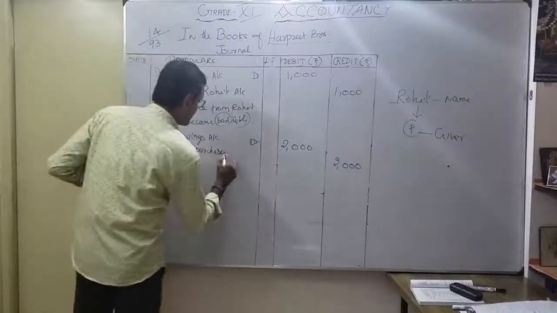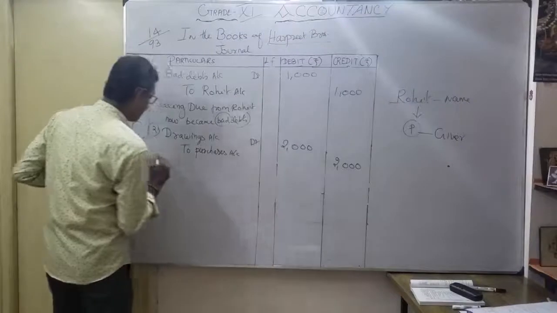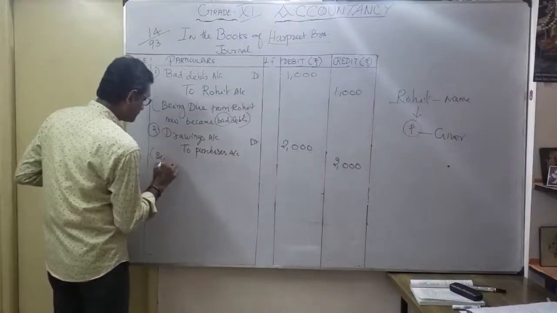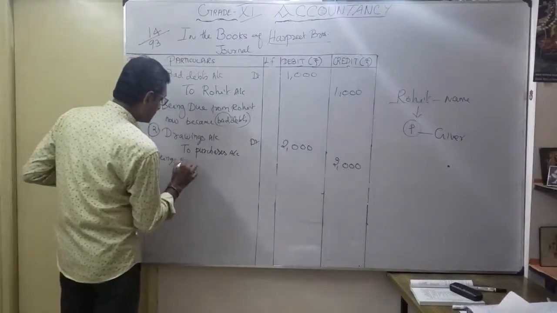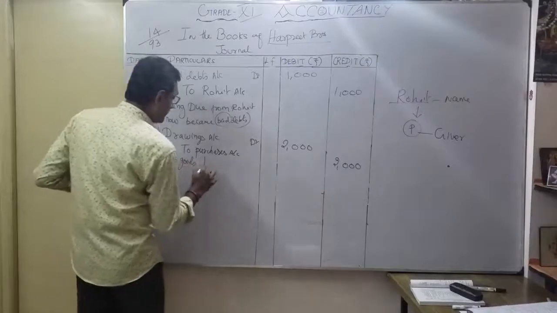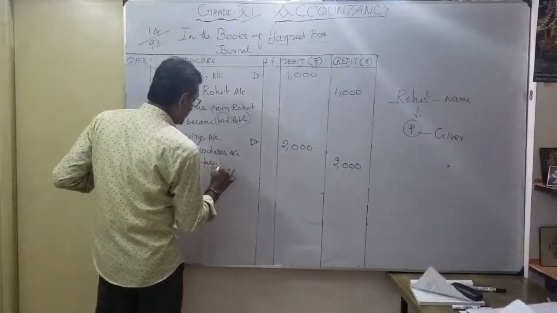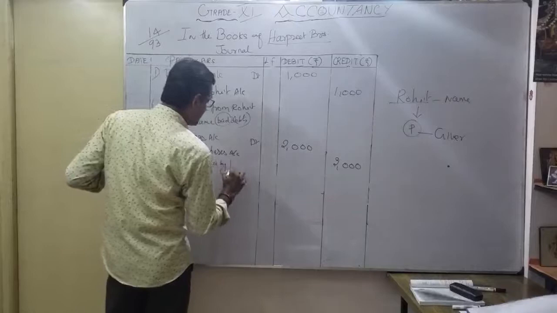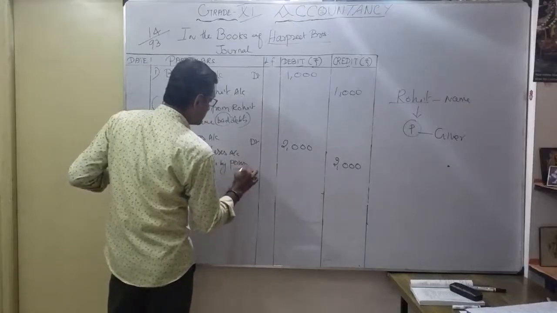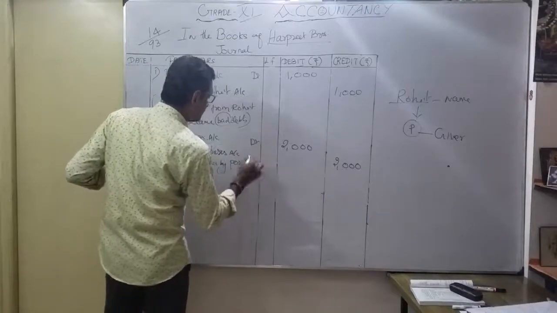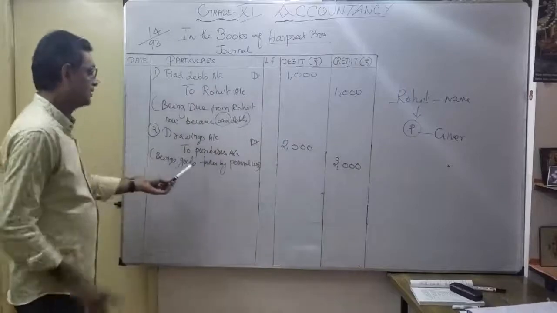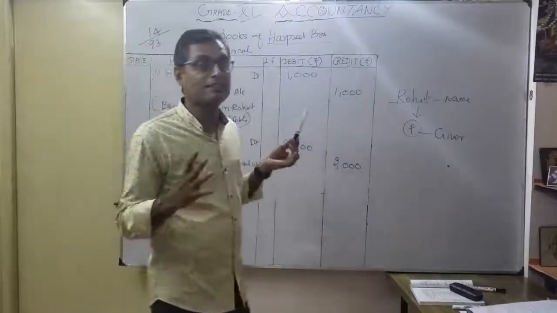Okay, to purchases account. So what's the narration? Being goods taken by proprietor, or being goods taken for personal use. Okay, that is the information. Whenever you see the narration, you have to understand what the transaction is.